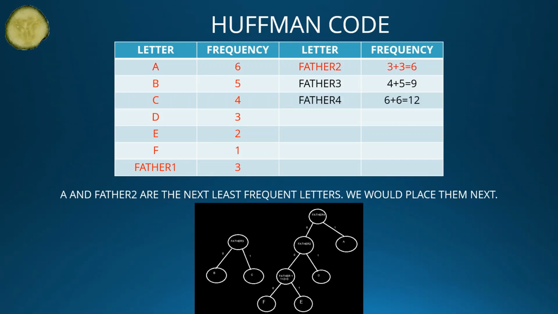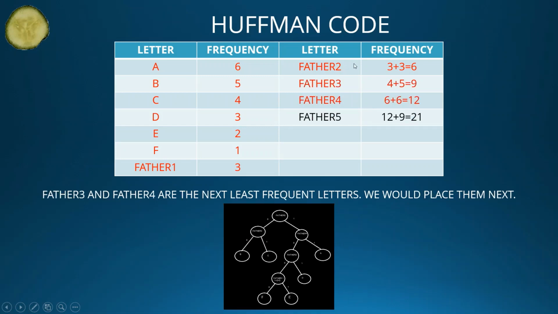Next, A and Father 2 are the next least frequent. We place them under Father 4, whose frequency is 6 plus 6 equals 12. Now, Father 3 and Father 4 are the next least frequent.